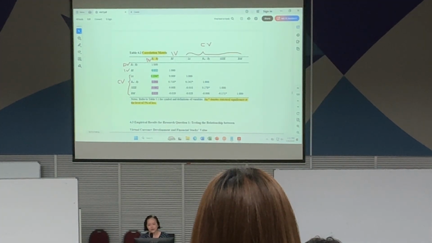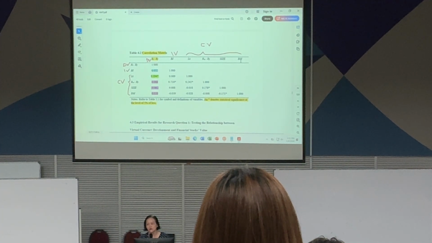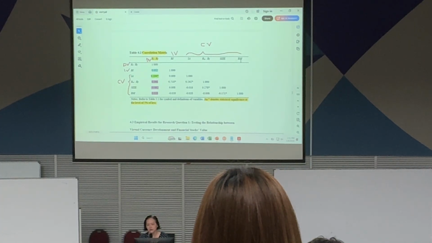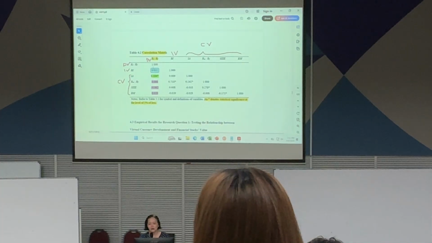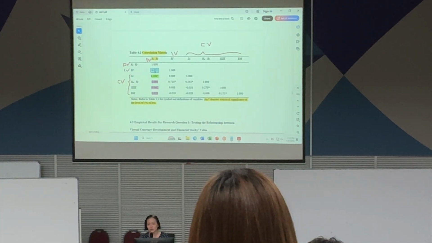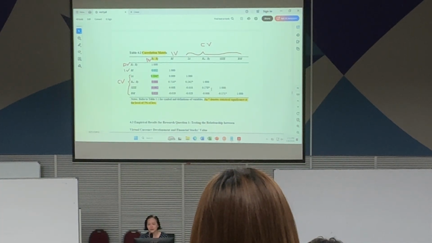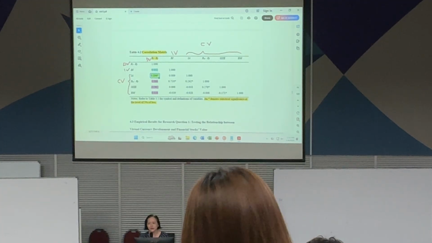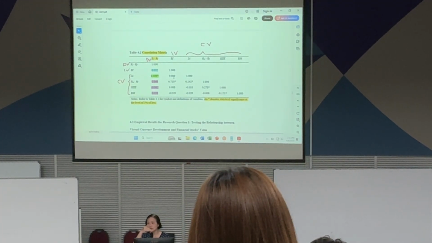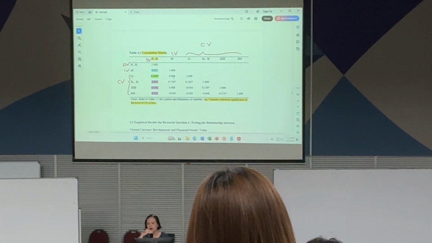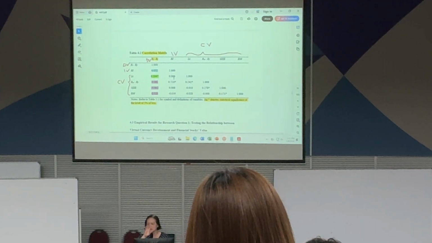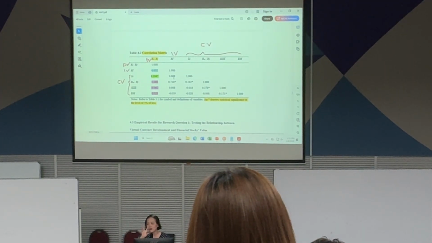DV, IV, and the rest, if you have control variables, are your control variables. Then you key in, you follow your output, isn't it? What you key in is the correlation, the one I highlight in yellow for you. And then the star will be the p-value, the second row, isn't it? I think for SPSS, you can call up the stars or something, you explore, right?